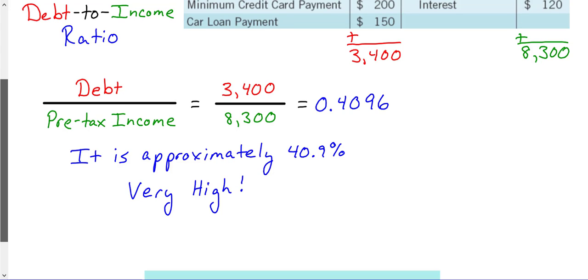So that is actually pretty high. And when you go and look for loans, or you try to get credit cards, they are going to look at your debt to income ratio. They'll figure out how much debt you owe and divide it by the income and determine whether or not you're a good risk for them to loan money on.